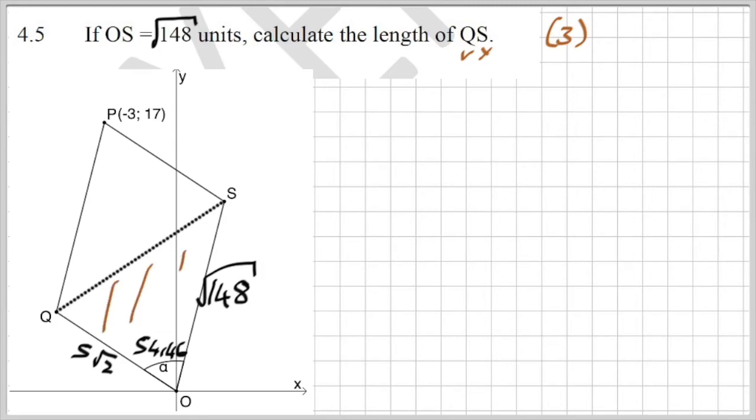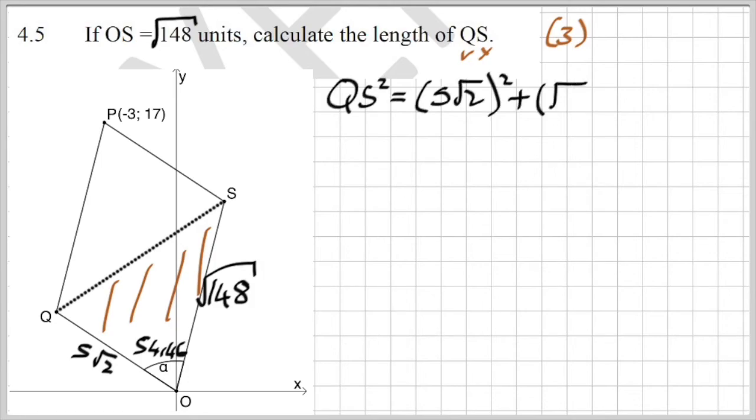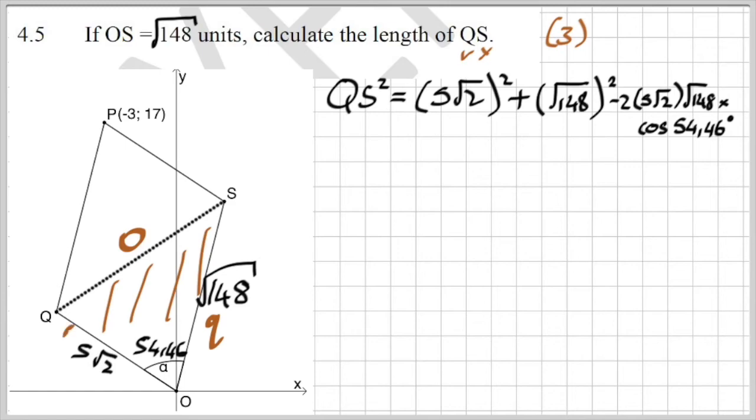Oh, most definitely. In that triangle there, I could simply use the cosine rule because I'm trying to calculate the third side. So calculating the cosine rule, it is simply O squared is Q squared plus S squared, okay, minus 2 SQ times cos of 146.